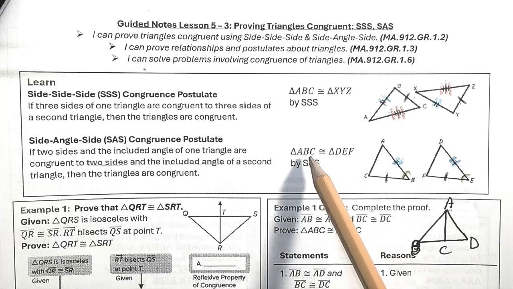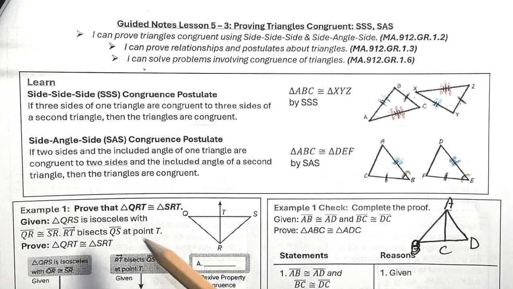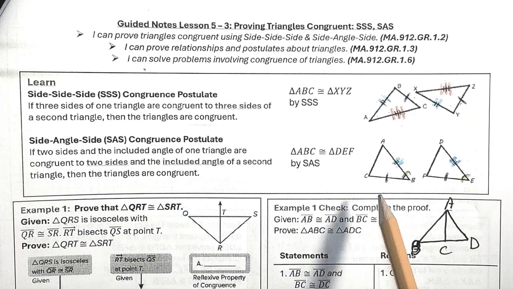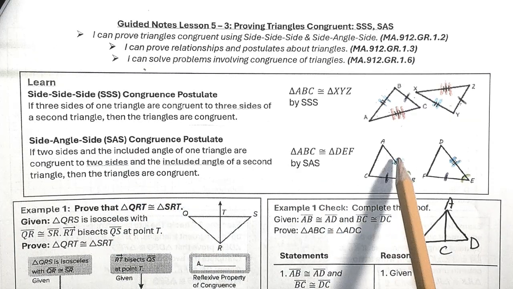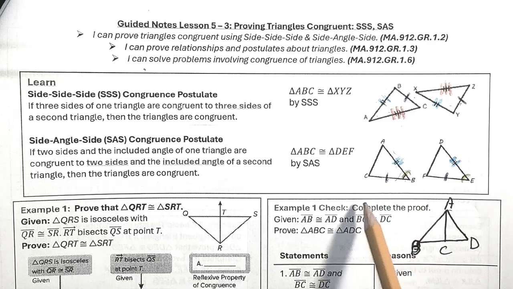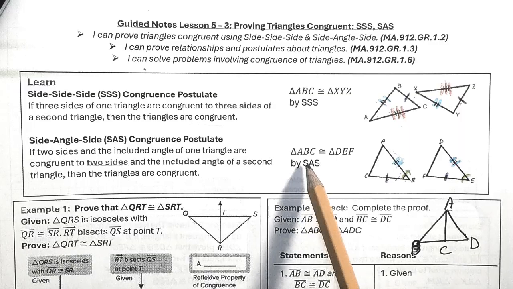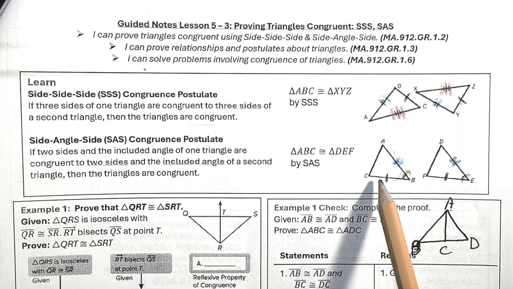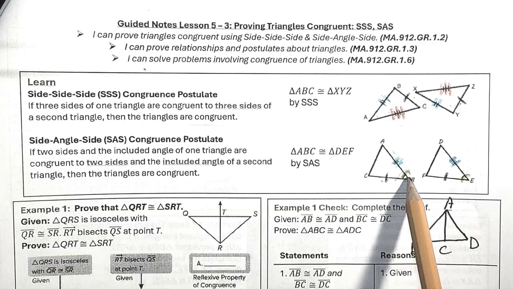Down here we're going to talk about side, angle, side. We have 2 sides and the included angle. If you see a side and a side, the angle that is made from these 2 sides is the included angle. So over here, ABC is congruent to DEF by side, angle, side.